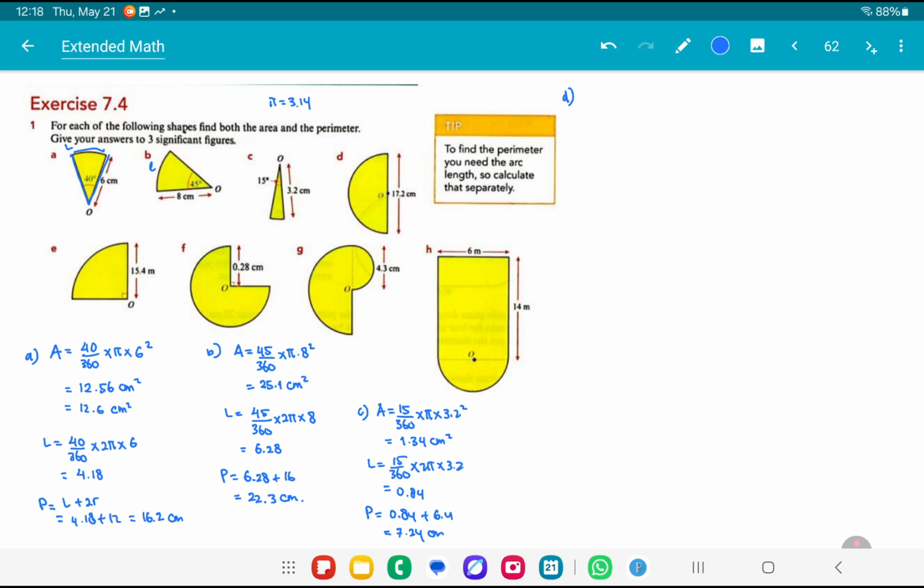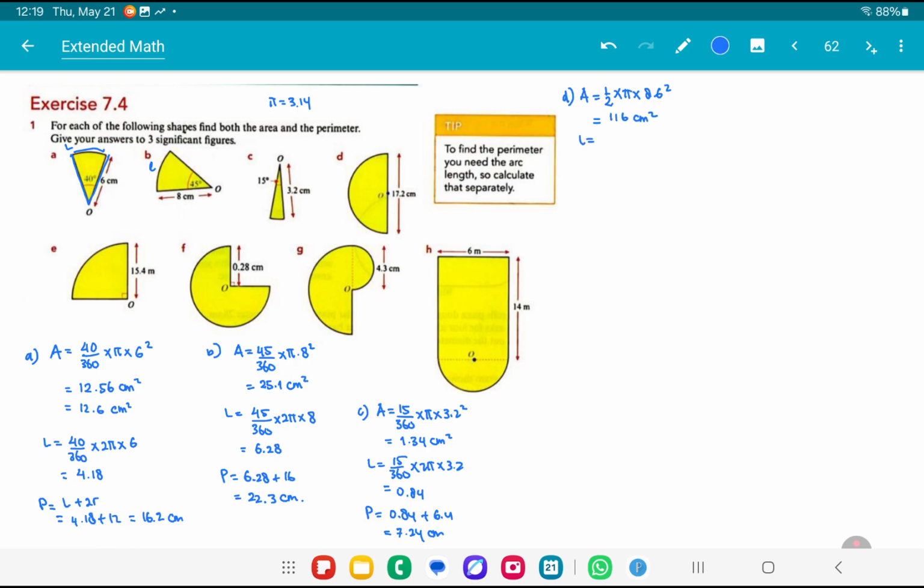For question D, we get the area equal to half of the area of a circle. So 1 over 2 multiplied by pi multiplied by the radius, which equals the diameter divided by 2, 8.6 squared. So the final answer, we got half of pi and 8.6 squared. We got the answer 116 centimeter squared.